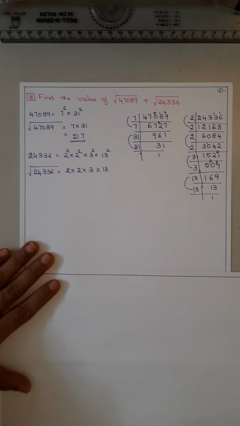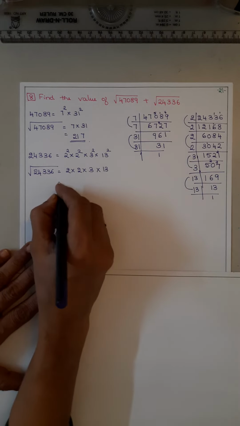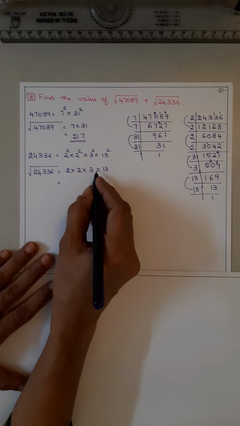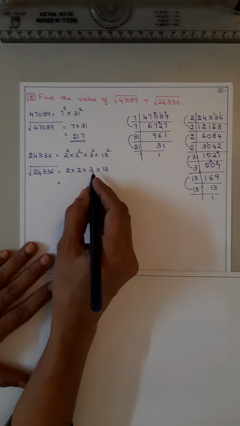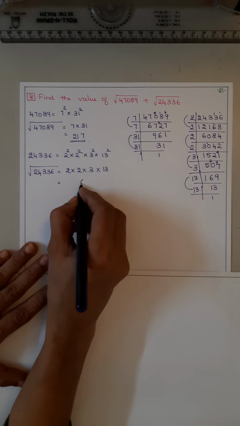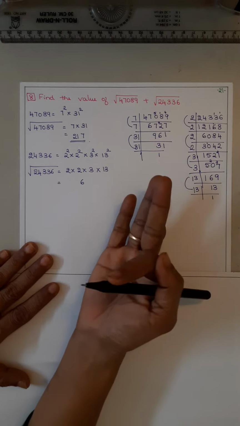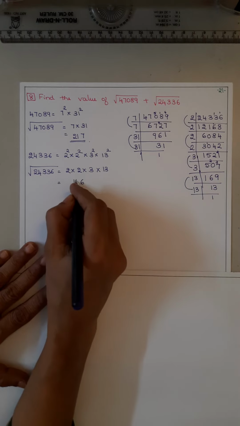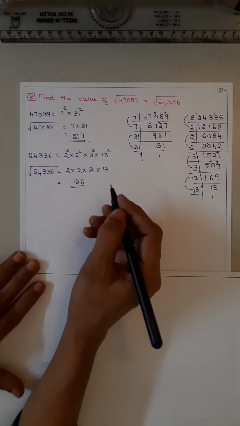So when you multiply, 2 2s are 4, 4 3s are 12. 12 13s are 36, 12 1s are 12, 13, 14, 15. So you got 156.